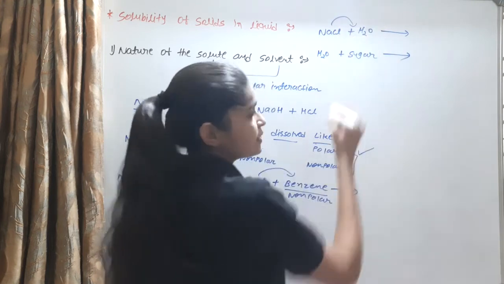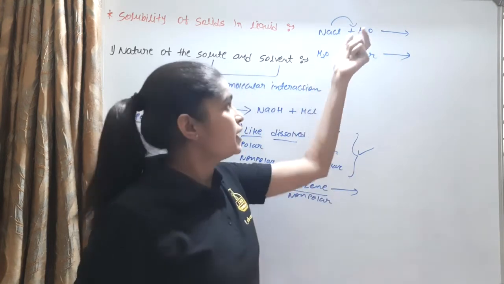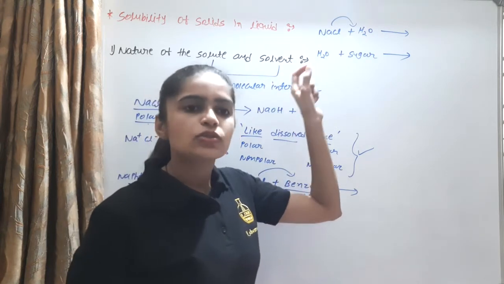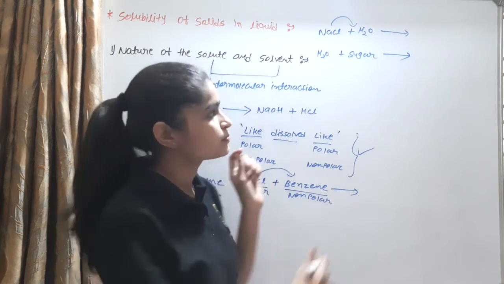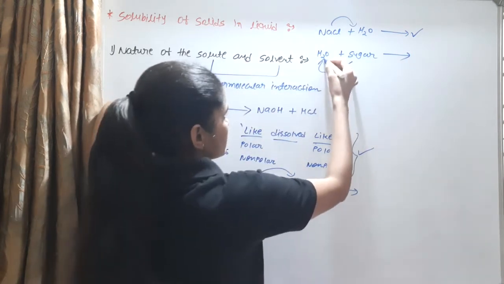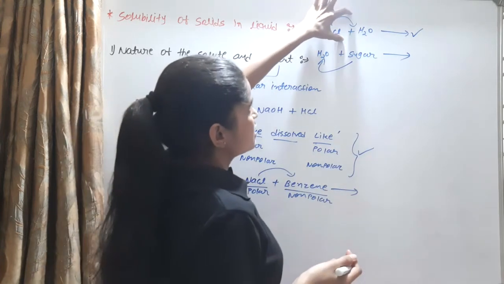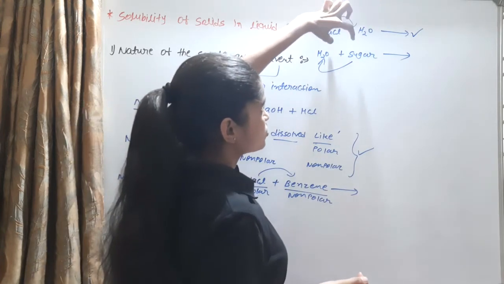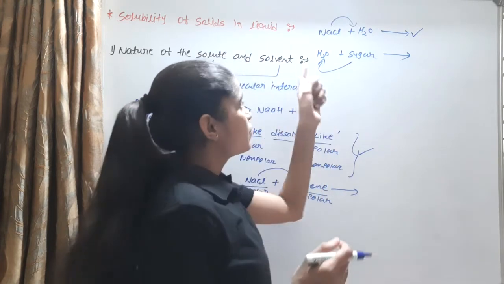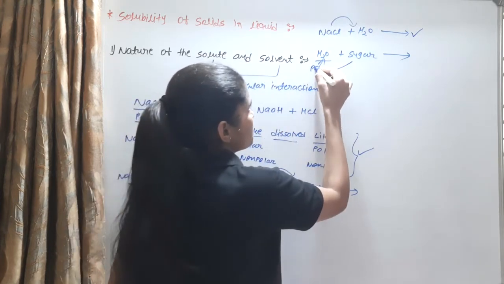When NaCl dissolves in water, we know that it is polar and polar, so it is easily dissolved. But when sugar dissolves in H2O, that also dissolves easily, like NaCl and H2O, because it is polar and polar with the same intermolecular interaction.